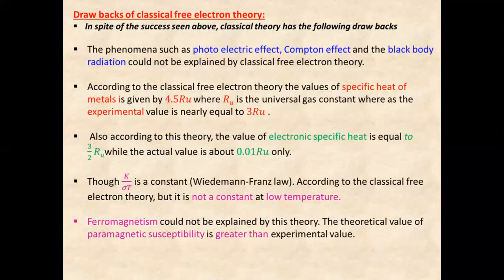Also, ferromagnetism could not be explained by this theory. The theoretical value of paramagnetic susceptibility is greater than the experimental value. This is also not explained by classical free electron theory.